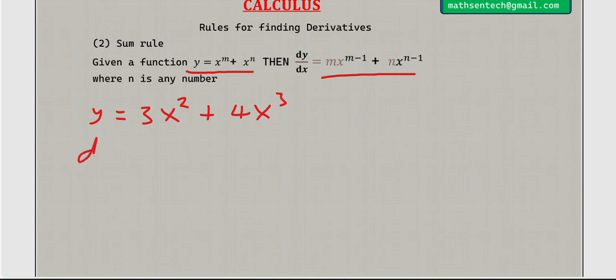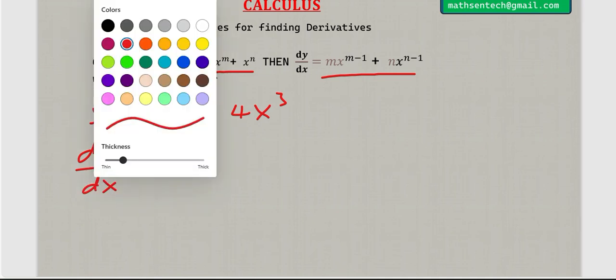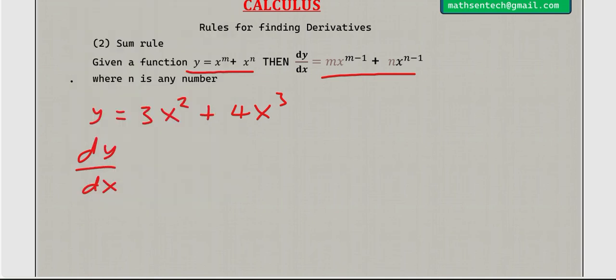So dy by dx of this equation would be, remember our rule is a n x to the power n minus 1. So that's what I'm going to apply here. So our a is 3, our n is 2.